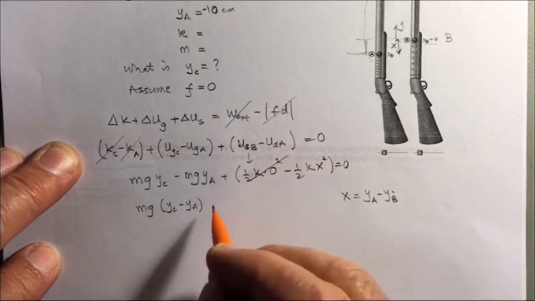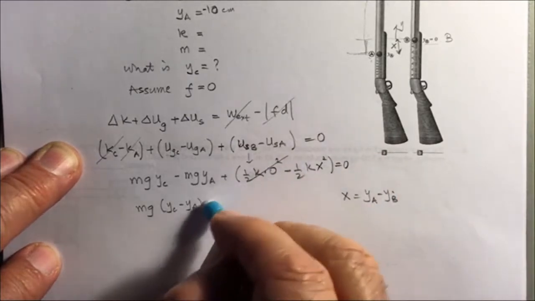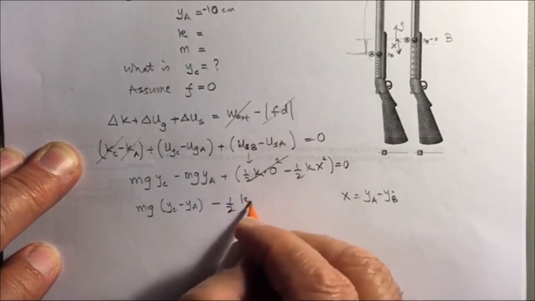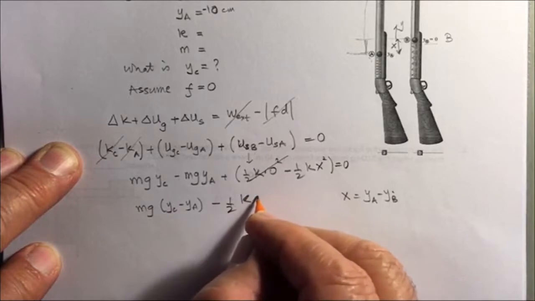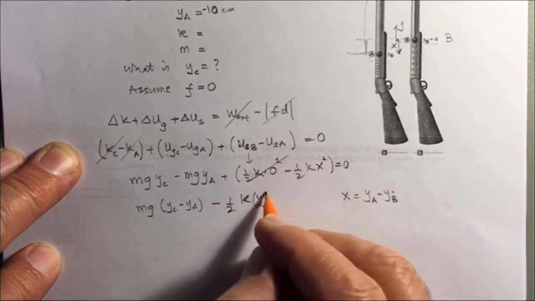So this goes away. Plus, with the minus sign, spring constant, and it's going to be yA squared.